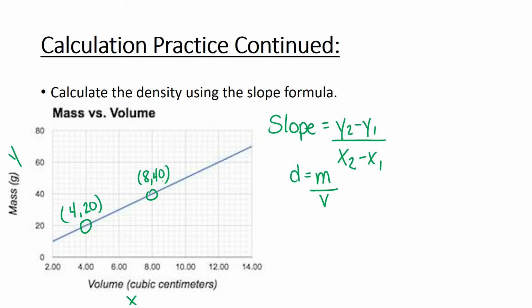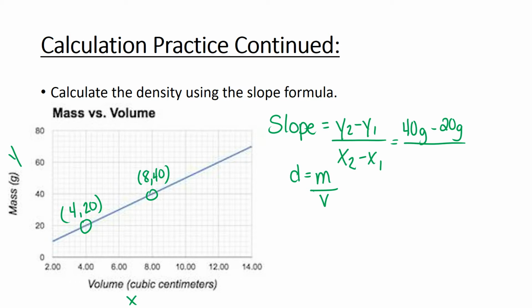The big thing you have to understand, though, and this is where we differ from math, is these are measurements. So notice we have cubic centimeters here for our volume unit, and we have grams here for our mass. So I'm going to start substituting in. My y2 is not going to be just 40, but 40 grams minus 20 grams, because this was my y2, this is my y1.